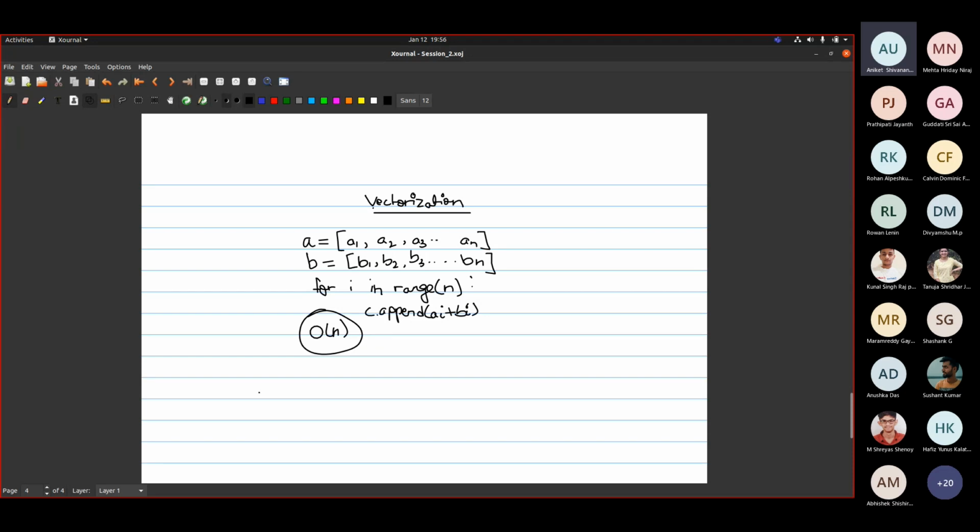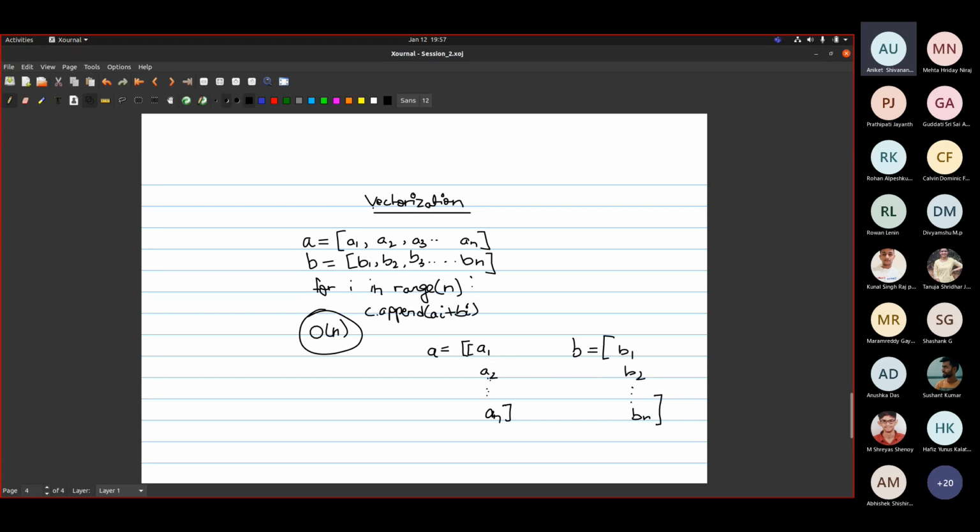Most languages these days, and Python definitely, provide simpler options. Suppose you have a NumPy array A1, A2, up to AN, and another NumPy array B1, B2, up to BN. I'm putting the brackets this way because that's how they put it in NumPy.